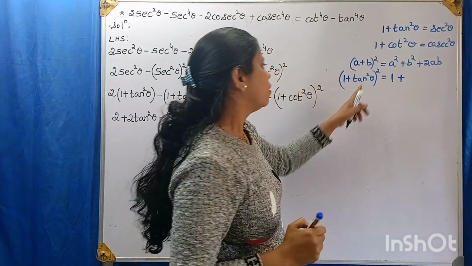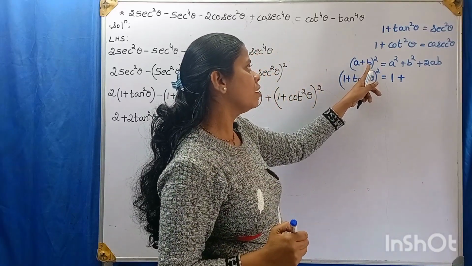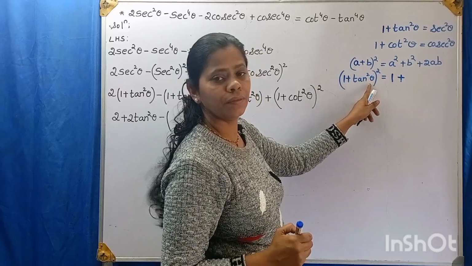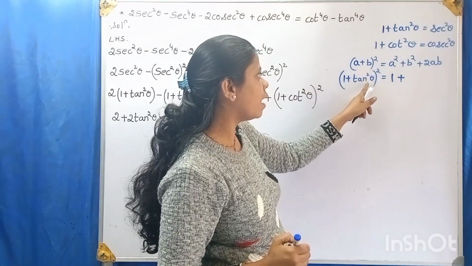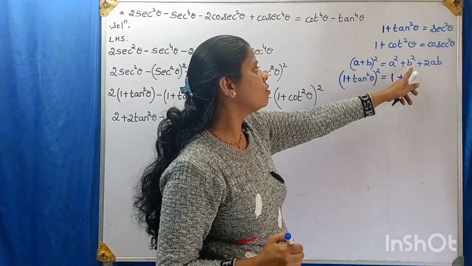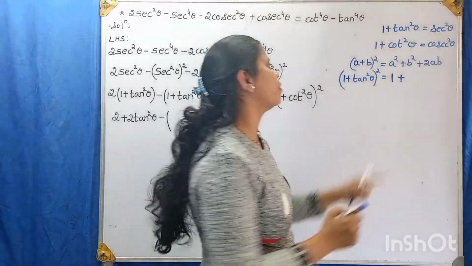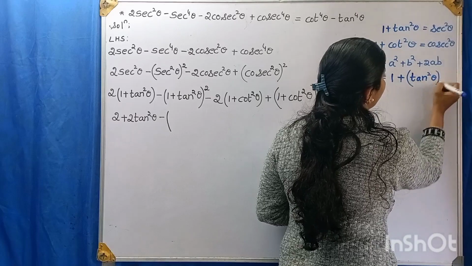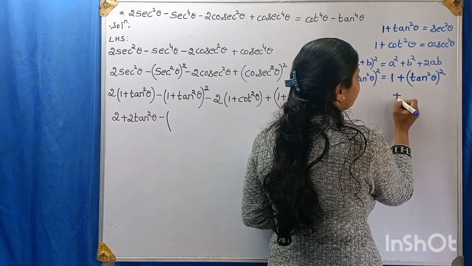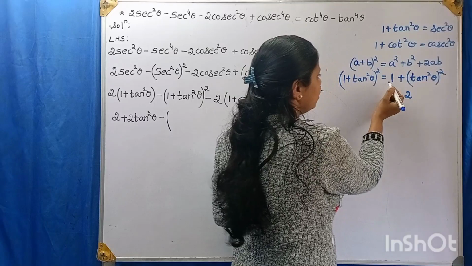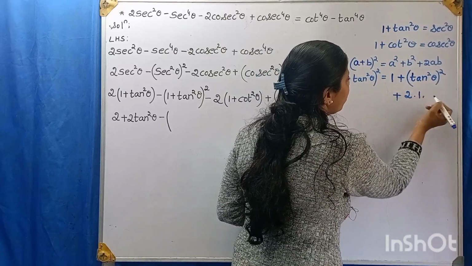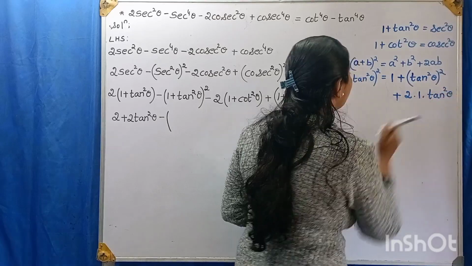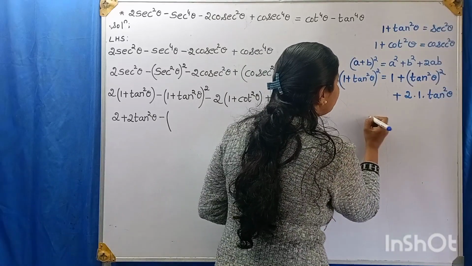In the place of b, we have tan²θ, therefore it will become (tan²θ)² plus 2 into 1 into b, b means tan²θ. Okay. Then what will it become?